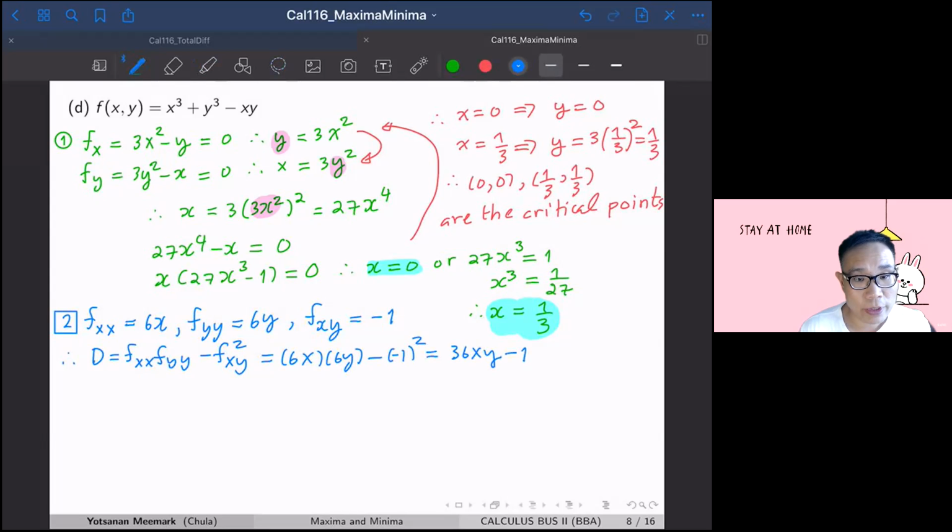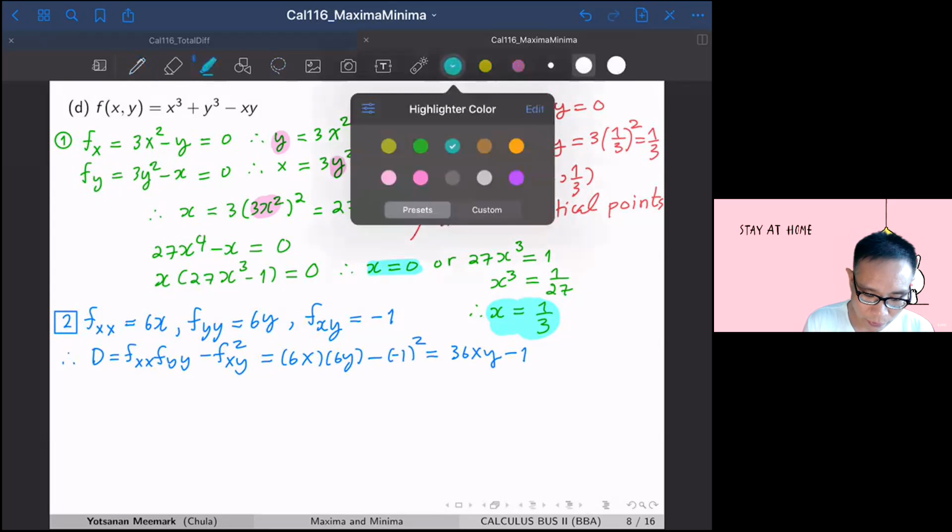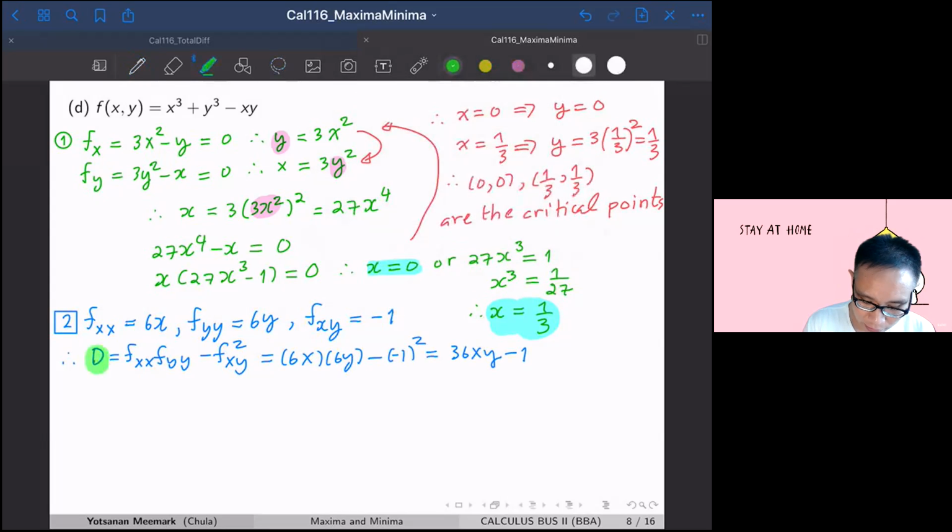So you have D equal to 36xy minus 1. This one I will highlight in green color. And I will need fxx in order to determine the critical point, and I will draw the table in the third step.